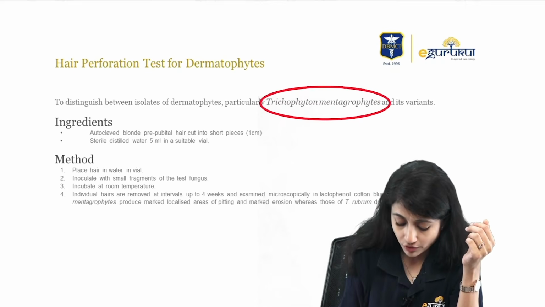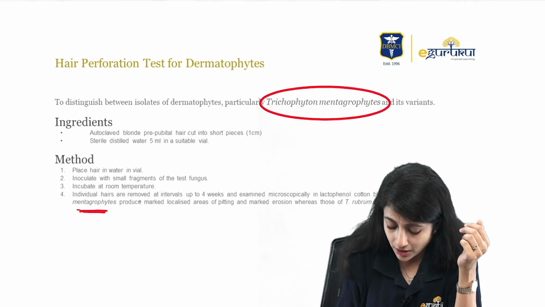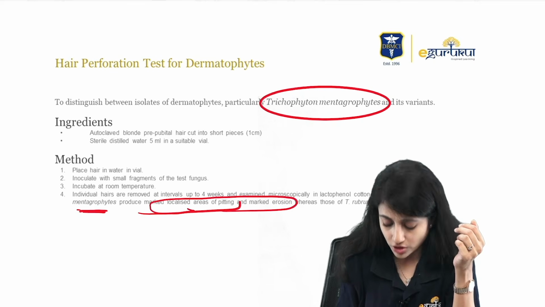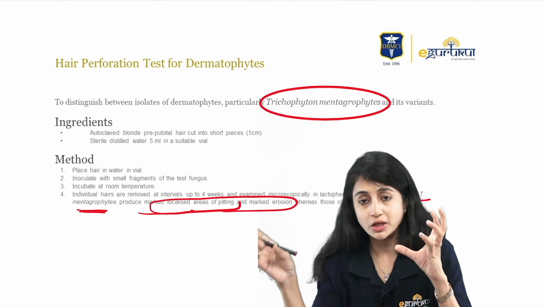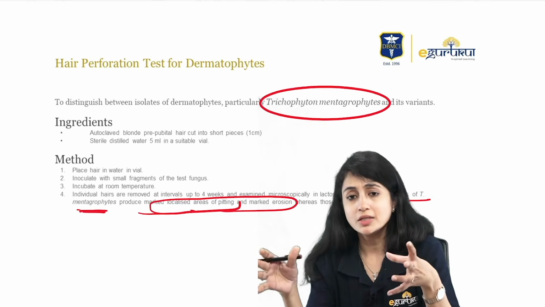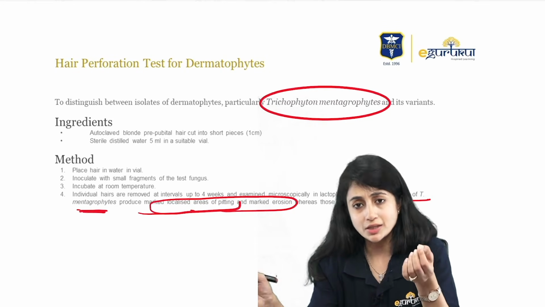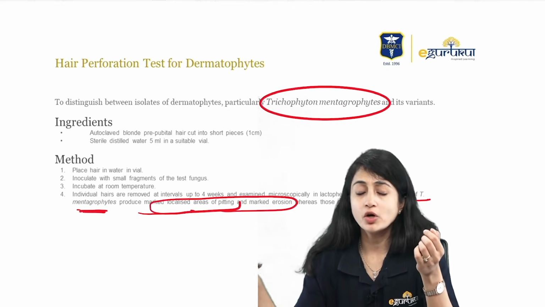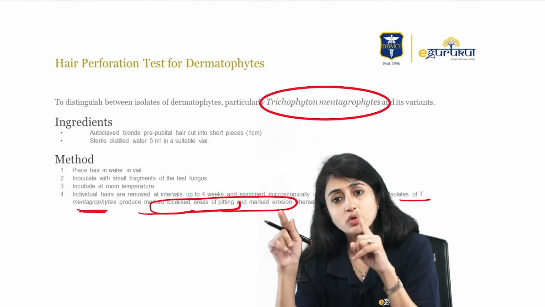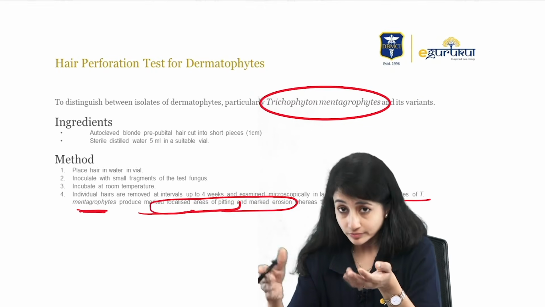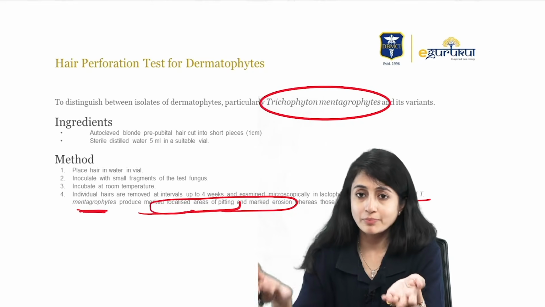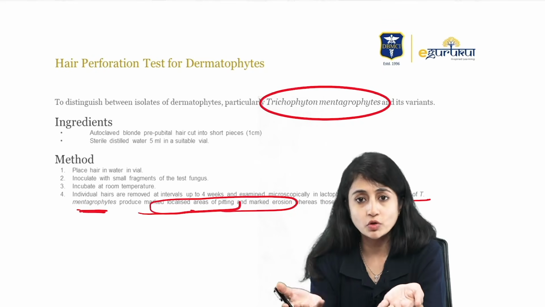The isolates of T. mentagrophytes produce localized areas of pitting and marked erosions. So you do not need to remember the whole test in detail, but the hair perforation test is usually positive for Trichophyton mentagrophytes. And if you remember, Trichophyton mentagrophytes causes kerion.